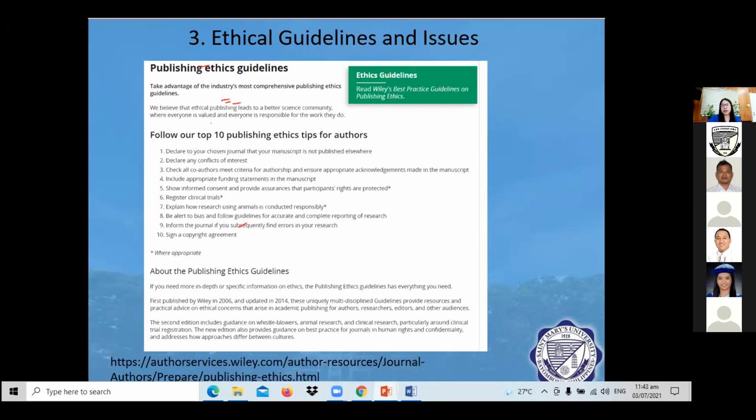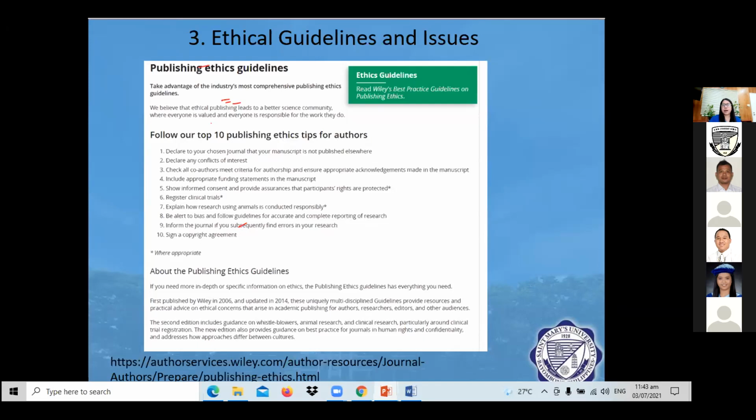And then explain how research using animals is conducted responsibly. Again, this is for science. Be alert to bias and follow guidelines for accurate and complete reporting of research. Inform the journal if you subsequently find errors in your research, and sign a copyright agreement.